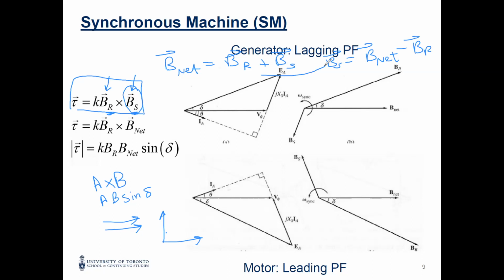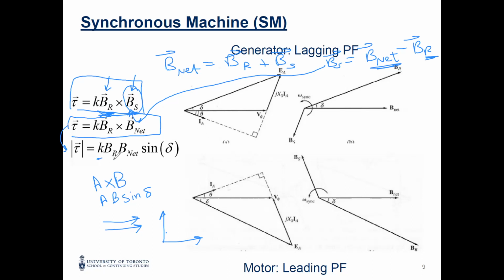You can substitute this here. So the resultant is the one from the rotor times the one from the net, and then the cross product of the rotor with itself is 0. So at the end, it's similar to this, and this is the resultant torque.